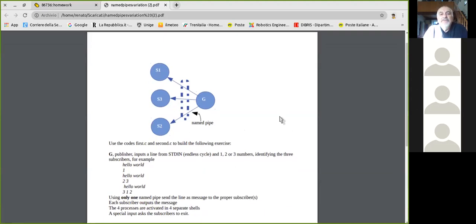The idea is writing a program with these specifications. You have all the tools to do that, all the knowledge, because it is based on fork, exec, and on named pipes for communication.